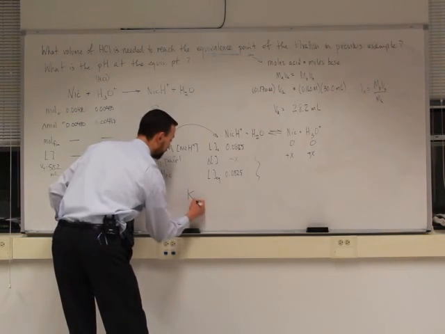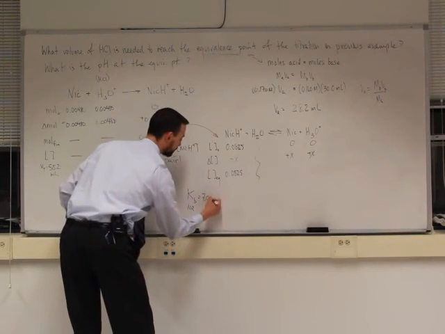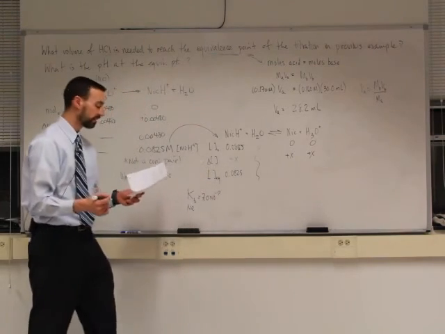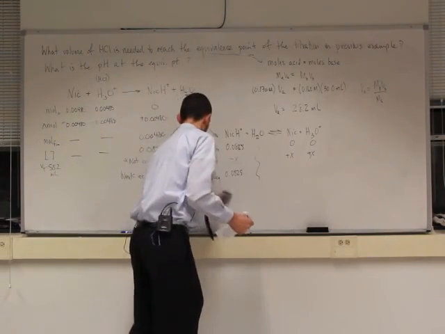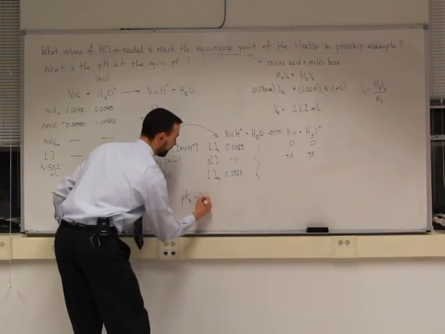Now earlier the Kb of nicotine was 7.0 times 10 to the 7. The Ka, well, actually let's save some time. The pKa of nicotinium was 7.85.